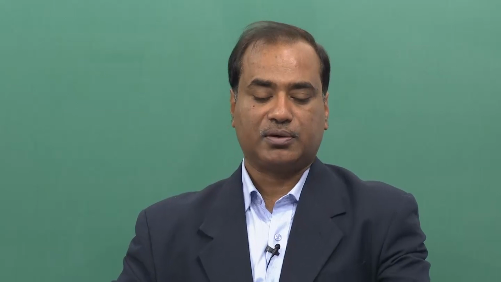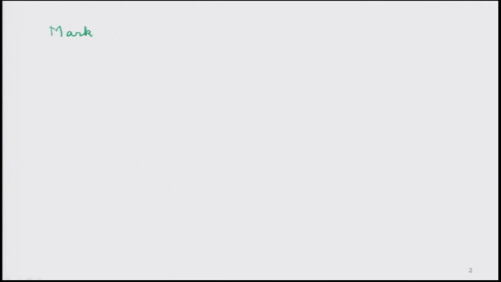Let me take a very simple example to understand what we mean by list here. Suppose you are asked to write down the marks that you have obtained in, say, class 10. What will you do?